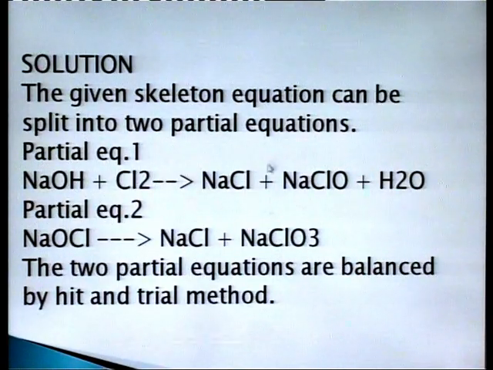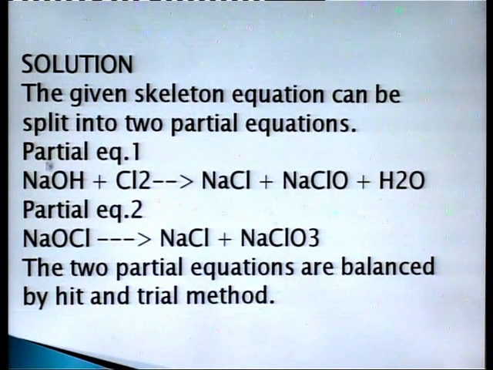Here NaClO is an intermediate which is being formed during the first partial equation. In partial equation 2, this intermediate, that is NaOCl, changes into NaCl plus NaClO3. The two partial equations are balanced by hit and trial method.